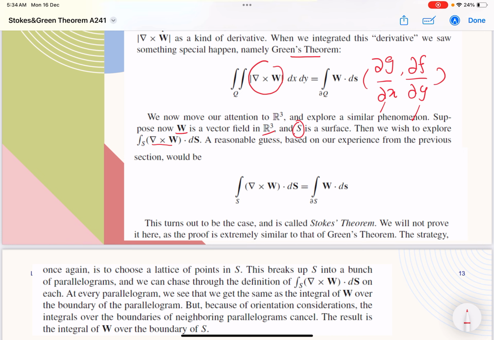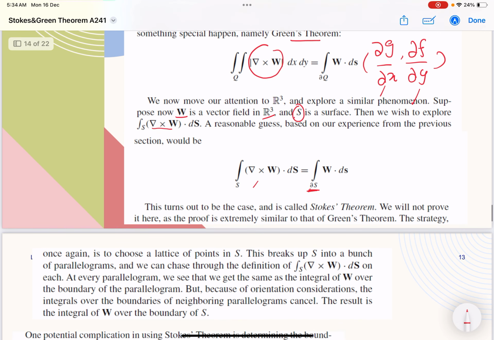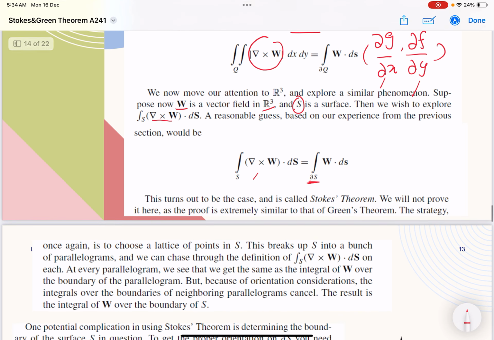The reasonable guess, based on our experience from before, is the same thing, where the boundary now becomes a space surface boundary. Previously in Green theorem, we used the boundary of a rectangular domain. This turns out to be the case, and it is called Stokes theorem. We will not prove it here.